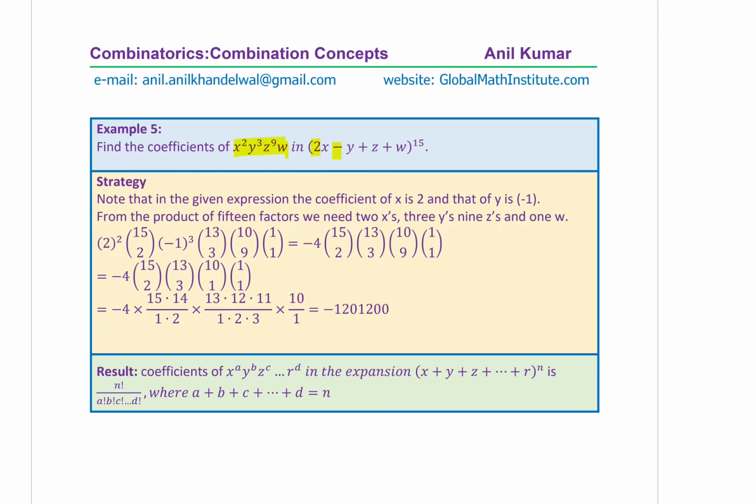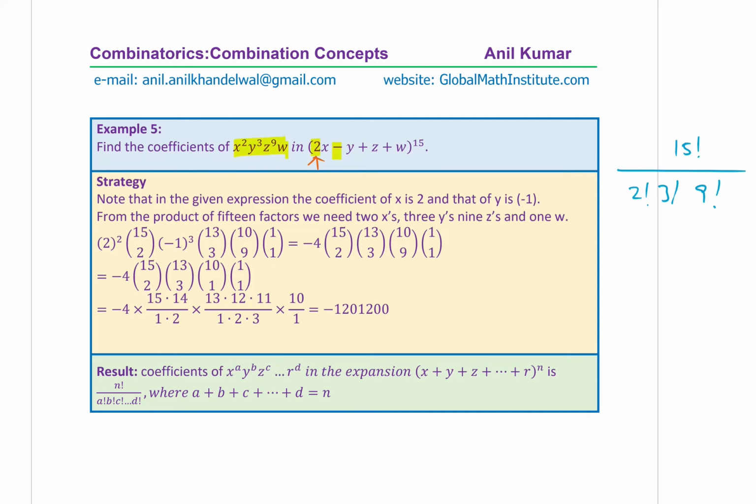Now, I would like you to pause and write down the coefficient for this particular question. So how will you normally do it? Well, you say there's 15 degree, so 15 factorial divided by 2 factorial, 3 factorial, 2 factorial, 9 factorial, right? You may write down this answer. However, that would be incorrect, mainly because the coefficient of x here is 2.